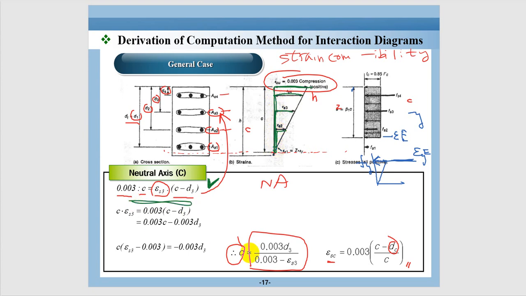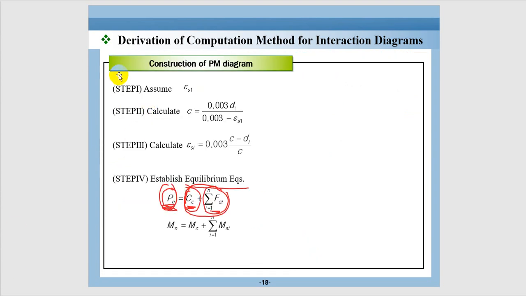So you can calculate the neutral axis, and from it you can also calculate all strains at all layers of levers, depending on your distances D1 to D4 for all layers. So this step is very straightforward from here to here.